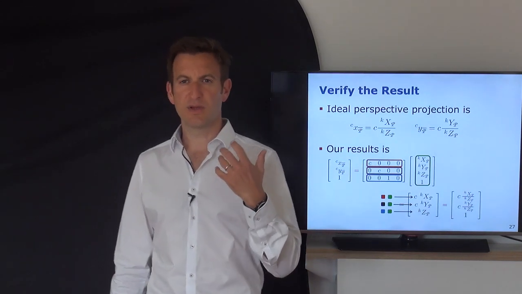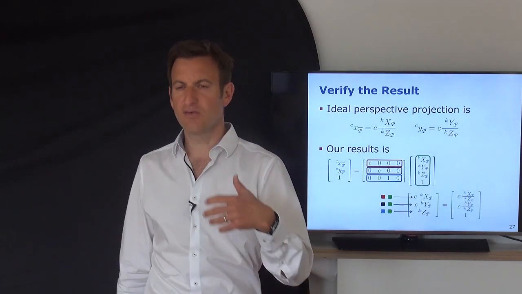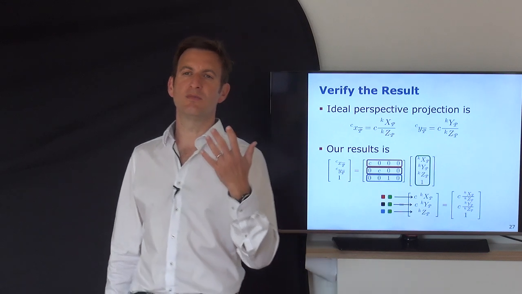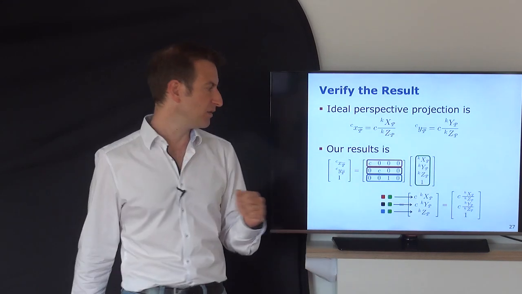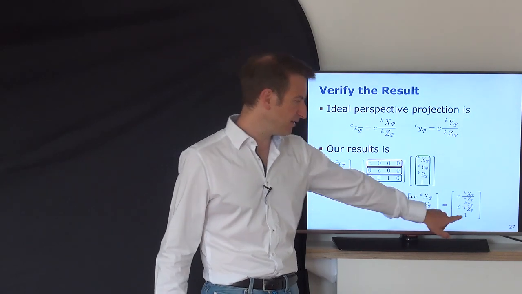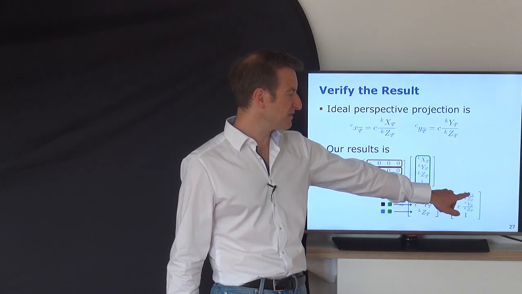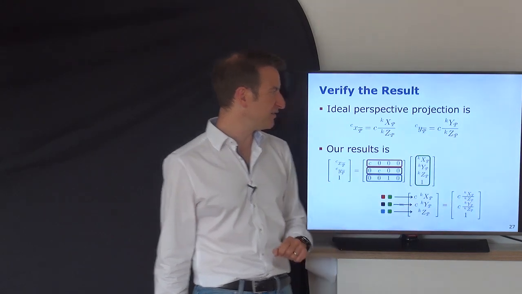And now consider that we are in homogeneous coordinates. In order to turn the homogeneous coordinates into the Euclidean coordinates, we need to divide by the last component. So if we divide by the last component, zp over here, this turns into 1. And here we get c times the x-coordinate divided by the z-coordinate, and c times the y-coordinate divided by the z-coordinate.